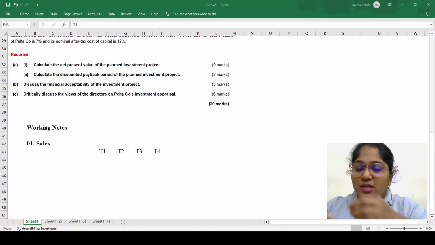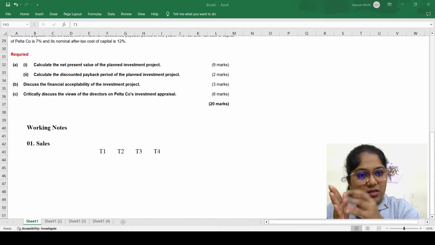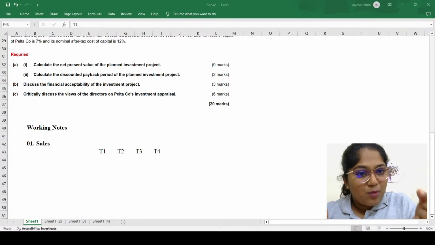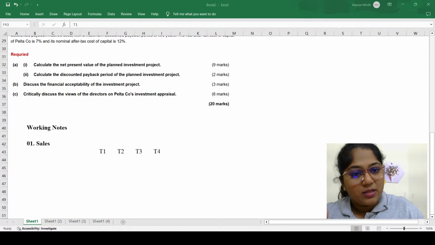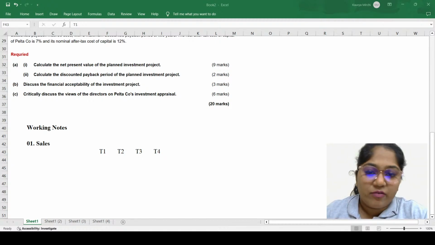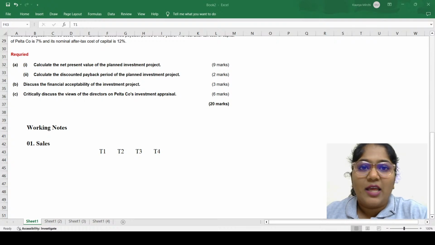I assume all my cash flow has been collected by the end of year 1. That is T1. If you assume things are happening at the beginning, we call it T0. If you assume things are happening at the end, we call it T1. Okay? Good.